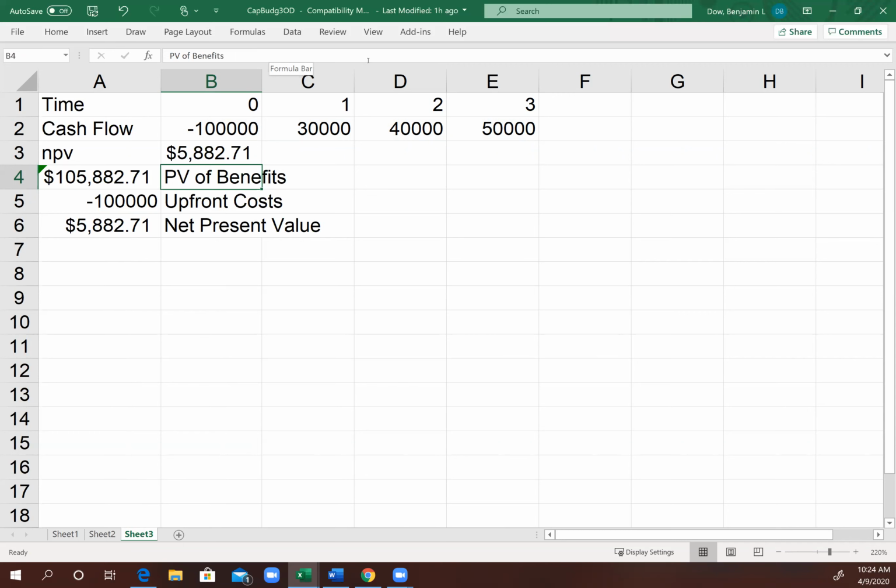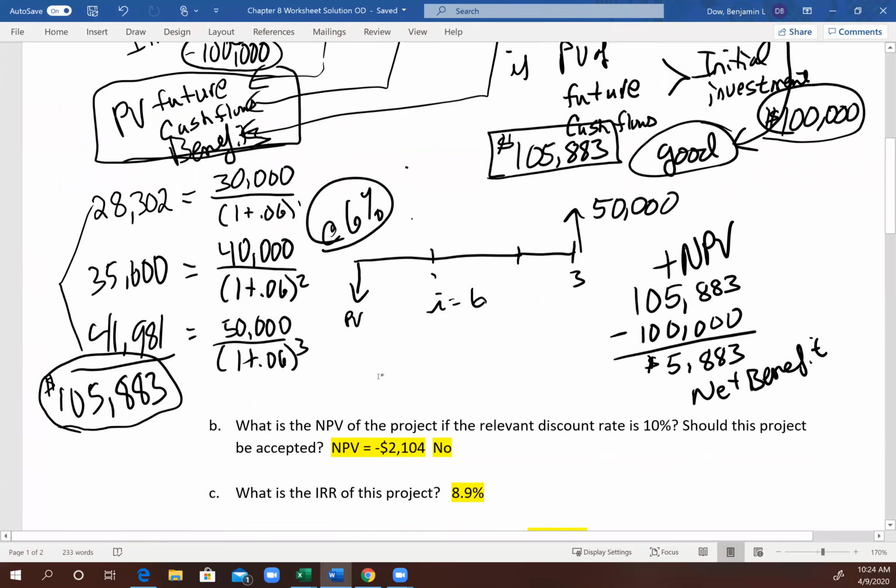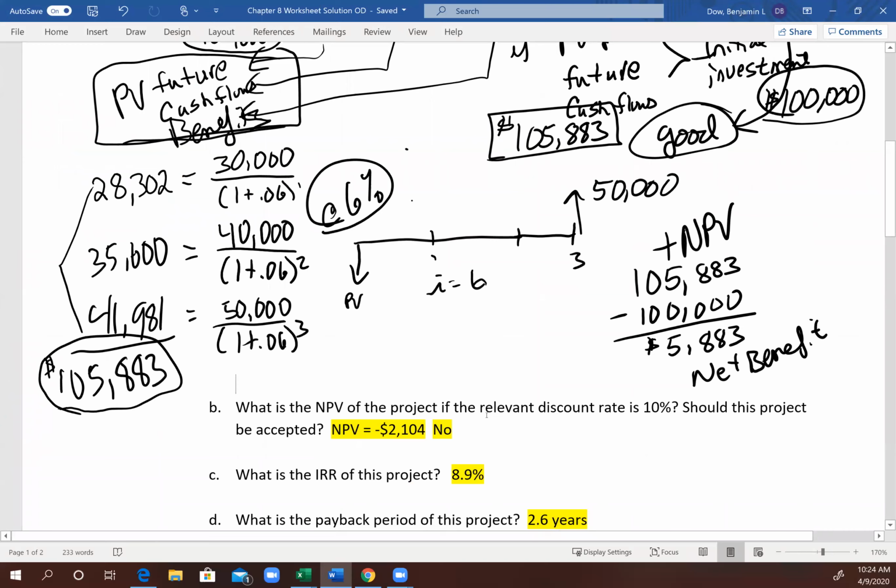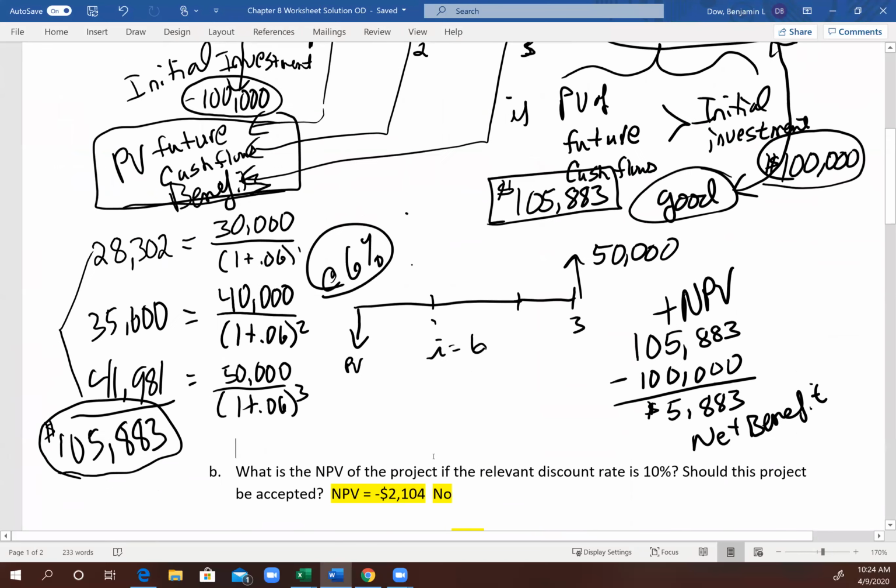But that was at 6%. If you look back at the question, I think it says something along the lines of, what is the net present value of the project if the discount rate is 10%?